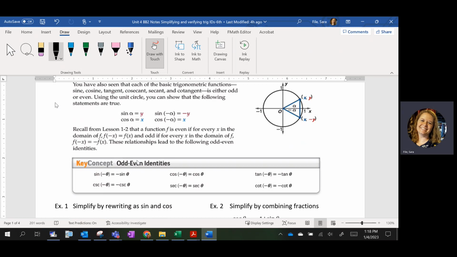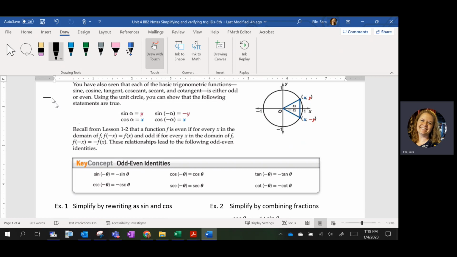Graphically or algebraically? Close. It does have to do with symmetry, but you've got it mixed up. Even is symmetric over the y-axis. Odd is around the origin. It's the one that was the rotational, the 180-degree rotation symmetry. So yes, very close. You're on the right track.